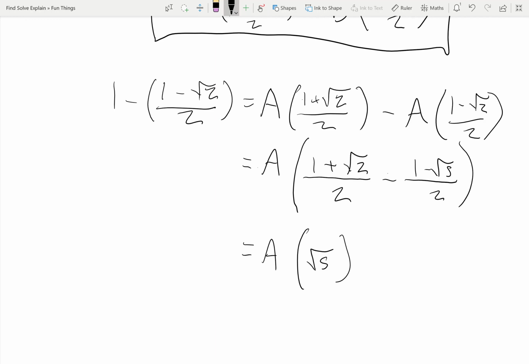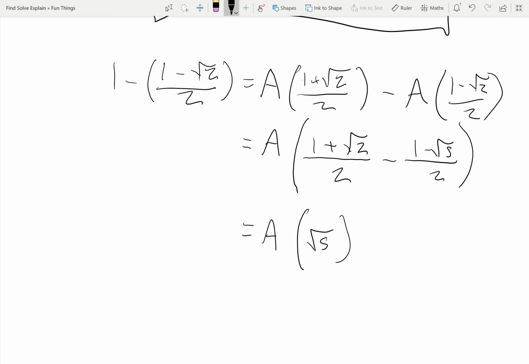And so there, now we just divide that entire thing by root 5, and we get A is equal to 1 plus root 5, no, root 5, not root 2, over 2 root 5.